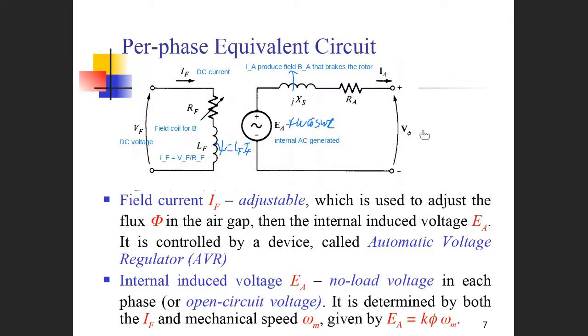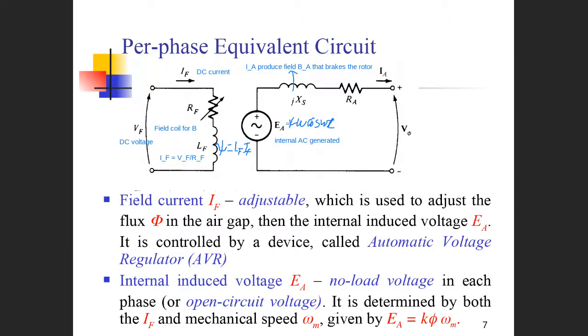So this is the output voltage. The output voltage equals the internal voltage minus the voltage drop.